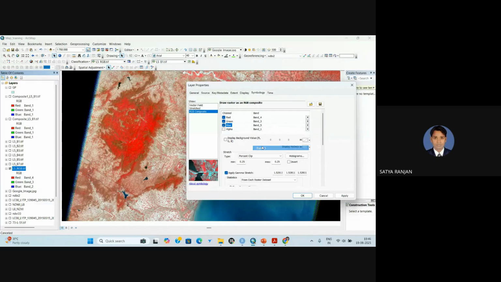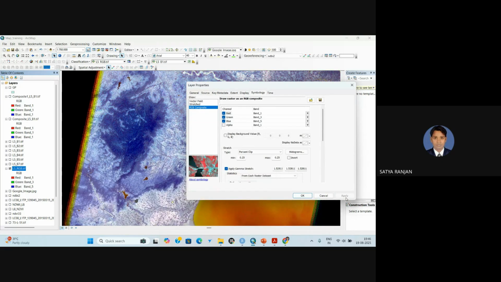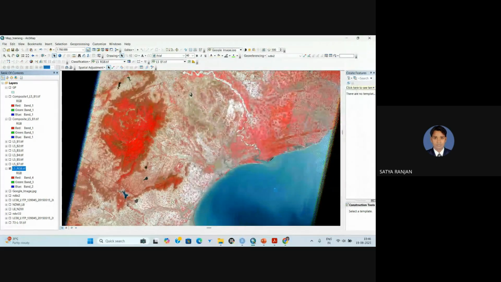If I change the bands differently, then it creates a different color. That's why for false color, blue is given to band 2, green is given to band 3, and red is given to band 4. Band 4 is infrared. So red to infrared, green to red, blue to green. Then it creates the false color image.